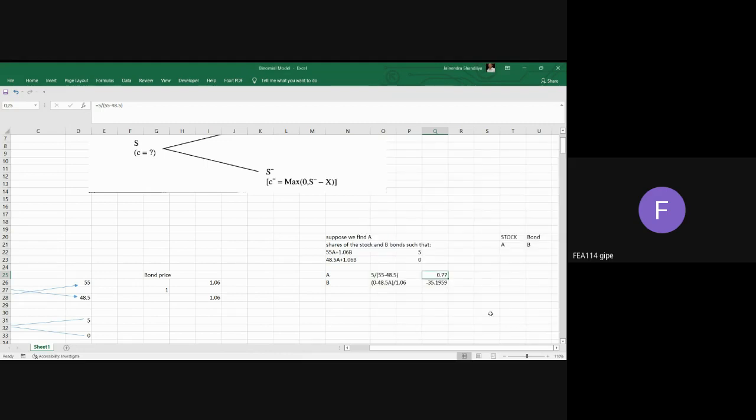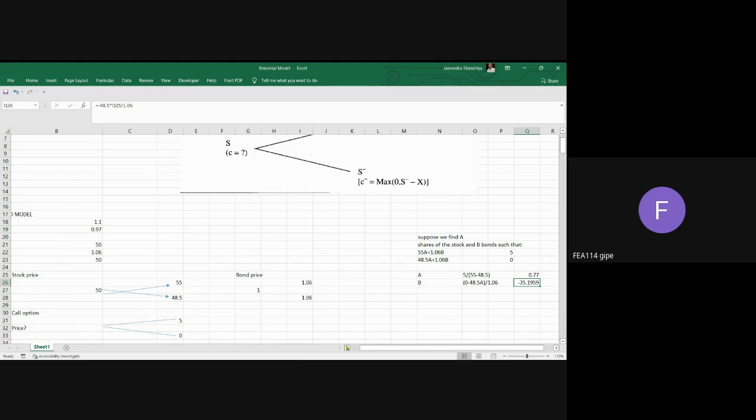So I need 0.77 of stock A and minus 35 of bond B. So basically I need to borrow 35 of bond B and invest in 0.77 of the stock A, and then I'm done with this portfolio where if the market goes up or market goes down, my portfolio is giving me exactly the return that is required. Now the question is what is the value of the call?